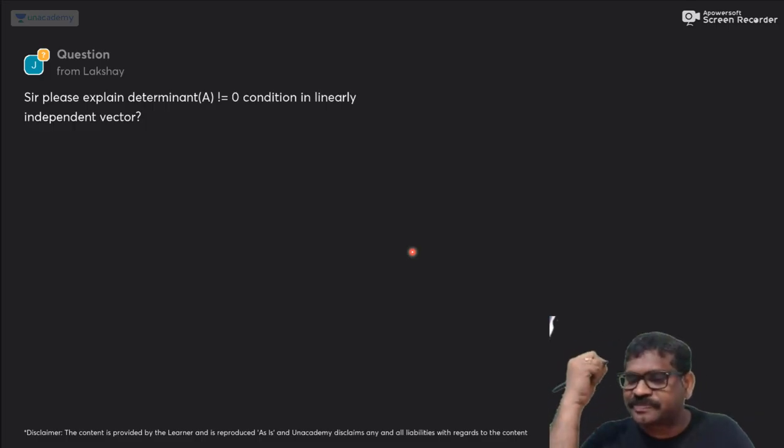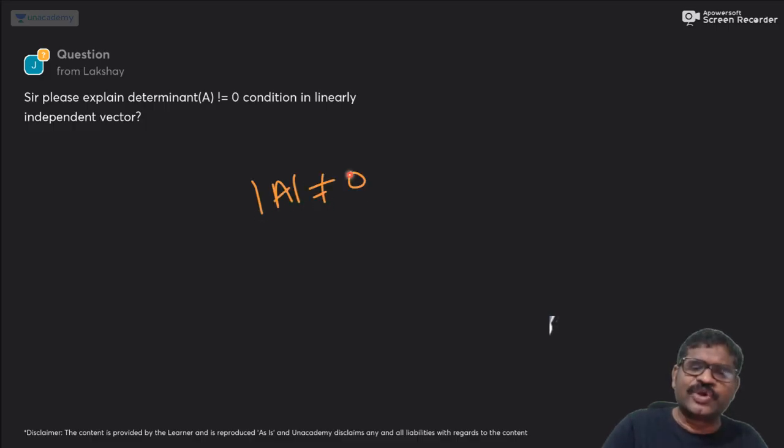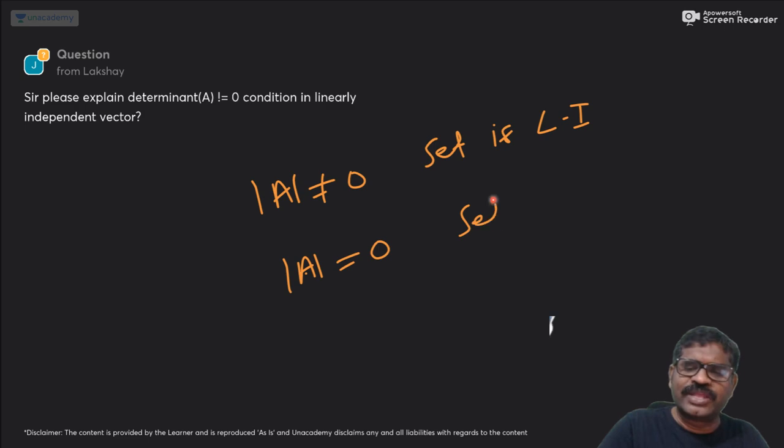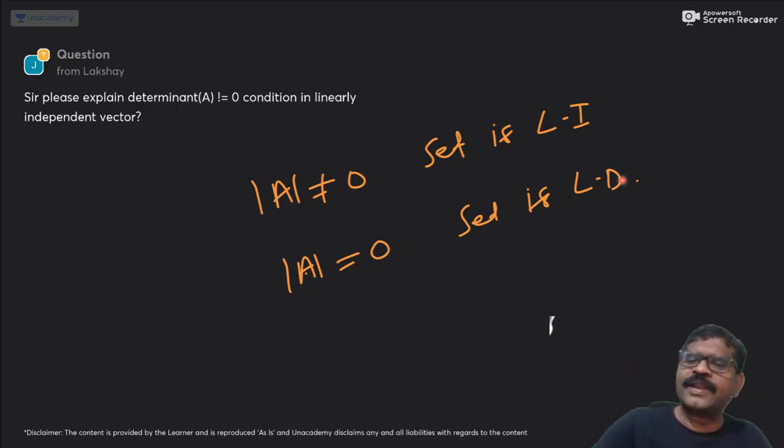If the determinant of A is non-zero, then the set is linearly independent. If the determinant of A is 0, then the set is linearly dependent. Okay. Next.